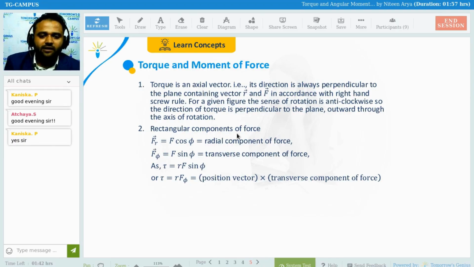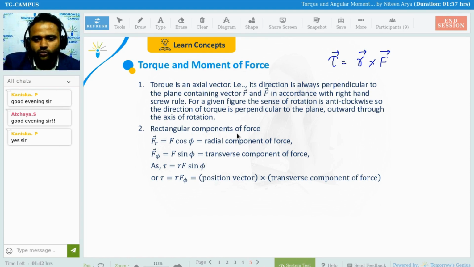So torque is an axial vector, that is, its direction is always perpendicular to the plane containing vectors r and F, and it is very easy. In the previous class we did this with the vector product. In a vector product, the three vectors are mutually perpendicular to each other in general.